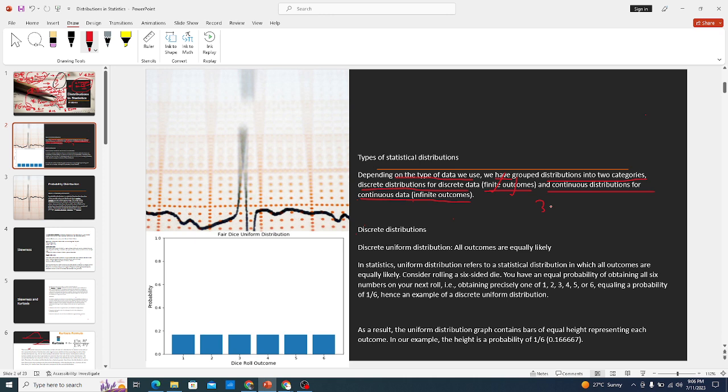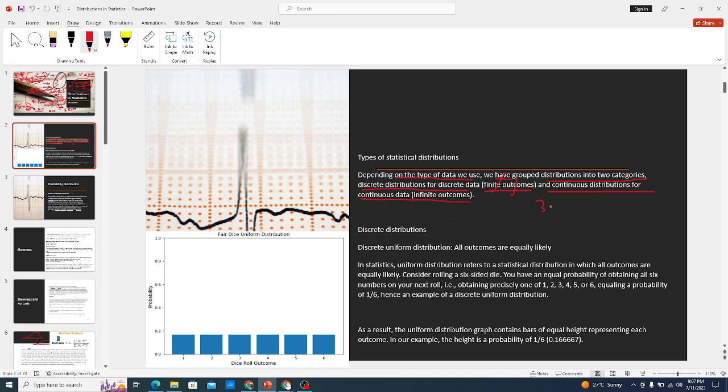For example, if we want to check the distribution of students' height in a class, definitely that height will follow a certain distribution. It's continuous and infinite, we can have infinite outcomes within that data range.